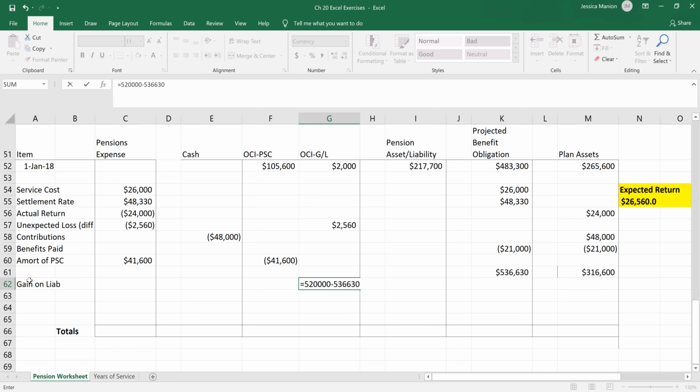Because again, we want there to be 520,000 in there. We're trying to get a negative number here because it's a gain. So it's going to reduce that other comprehensive income.